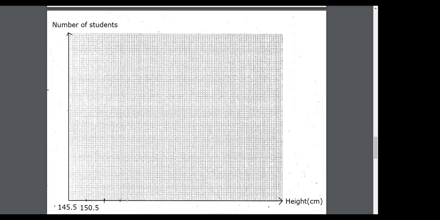So from the start is 0. The second one, after the 2 cm, you see the thick line there. The first thick line there is 10 students. Then the second one is 20 students. You just add 10 to it. So 0, 10, 20, 30, 40, 50, until 100.